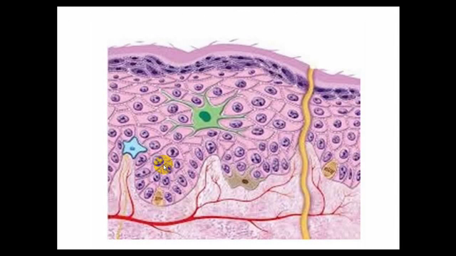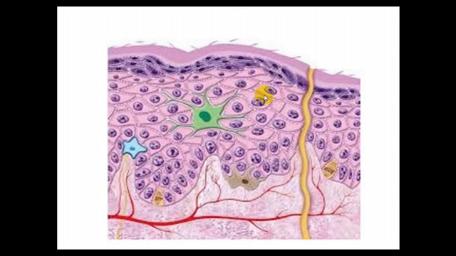They're located among the stratum spinosum, between the cells. Langerhans cells are thought to be derived from the neural crest and originate from precursors in the bone marrow.